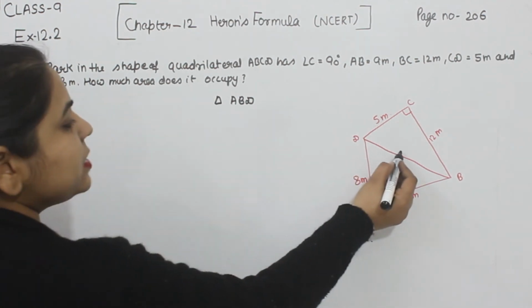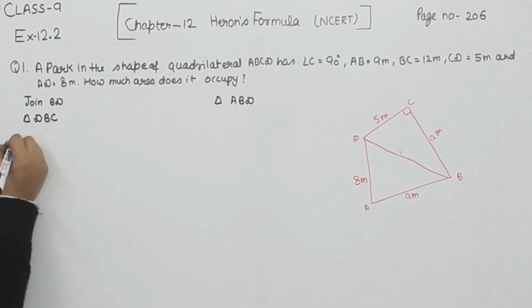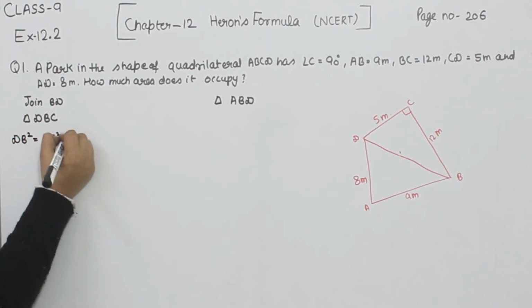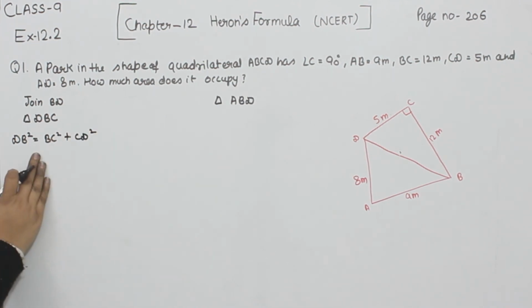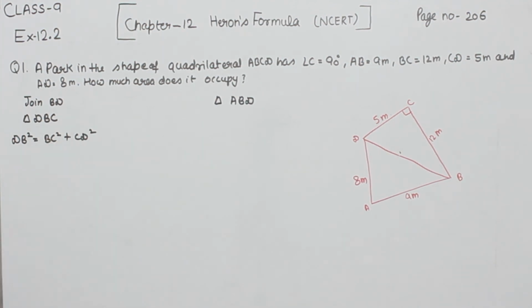We have to find this one with the Pythagoras theorem in the triangle DBC. So I am going to apply the Pythagoras theorem here. DB square is equal to BC square plus CD square. This is the hypotenuse square is equal to the perpendicular square plus base square.